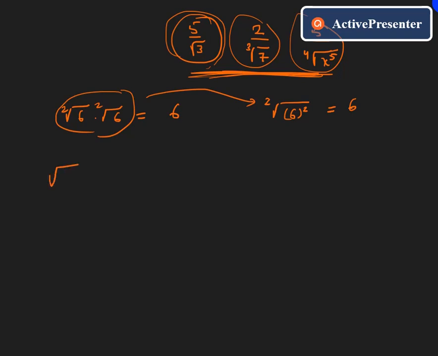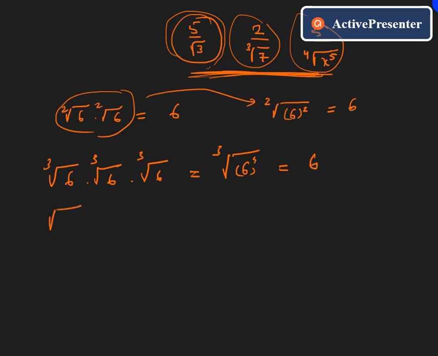Similarly, the cubic root of 6 multiplied in cubic root of 6 multiplied in the cubic root of 6 is equal to the cubic root of 6 cubed, right? This is equal to 6.